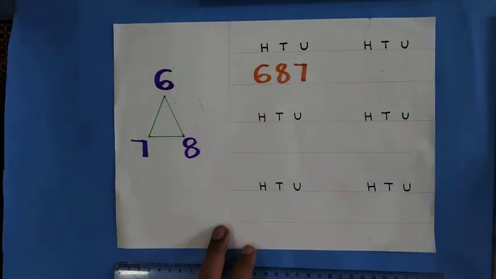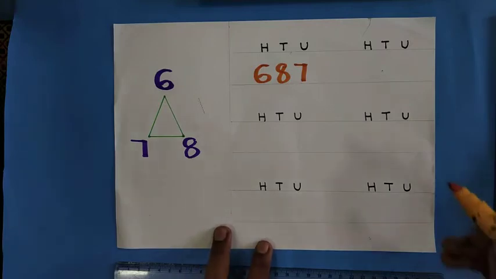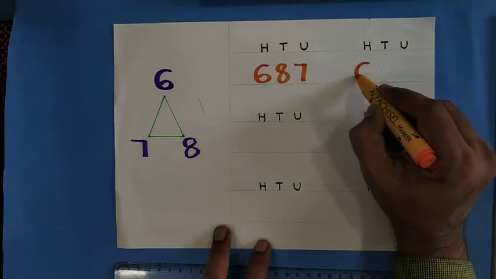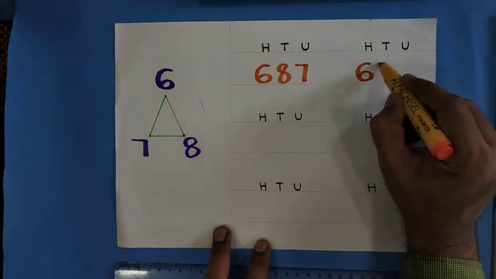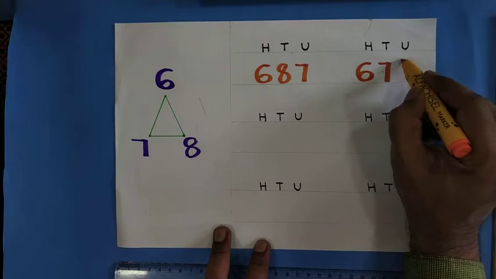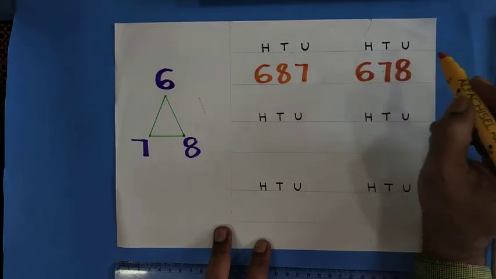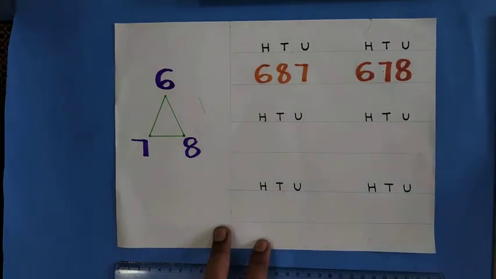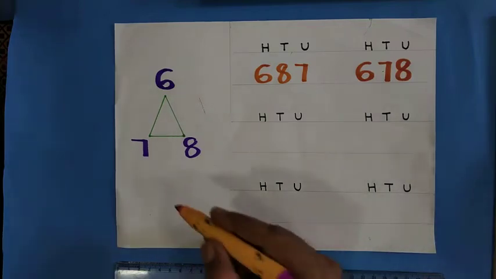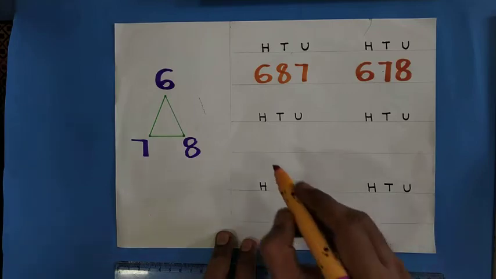So you got the 3-digit number 687. Now anti-clockwise, 6 first at the 100 place, then 7 and then 8. 678, 3-digit number.